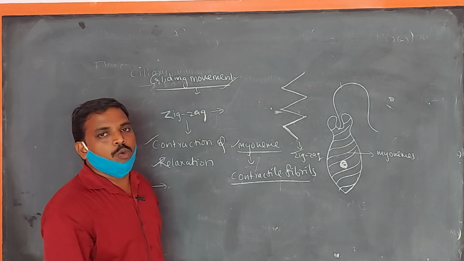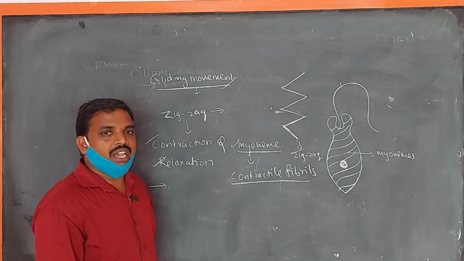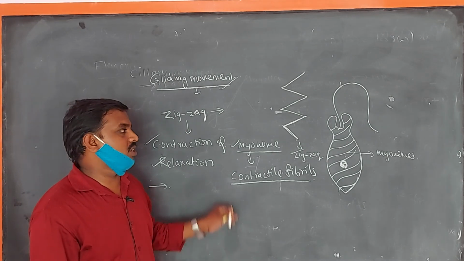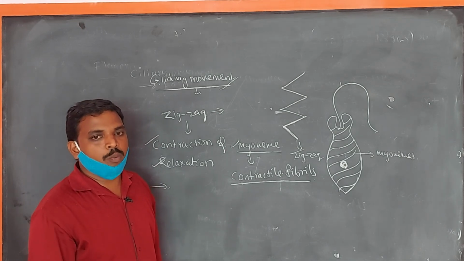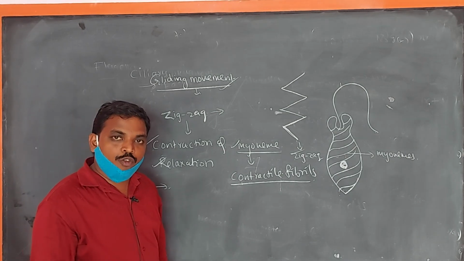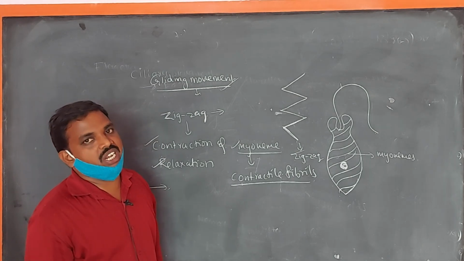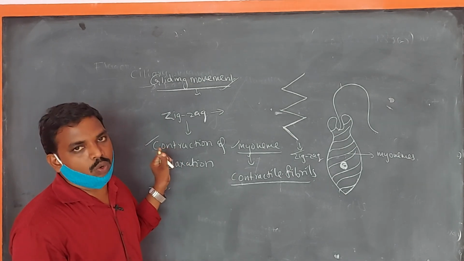The synchronous movement means the transverse row of cilia moves simultaneously in one direction, whereas in the metachronous movement, the longitudinal row of cilia moves in one direction sequentially, one after the other.